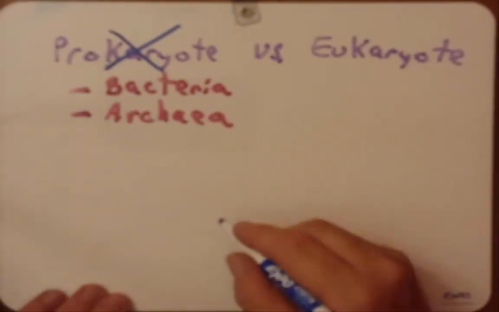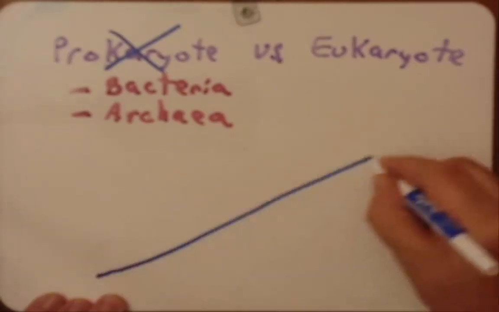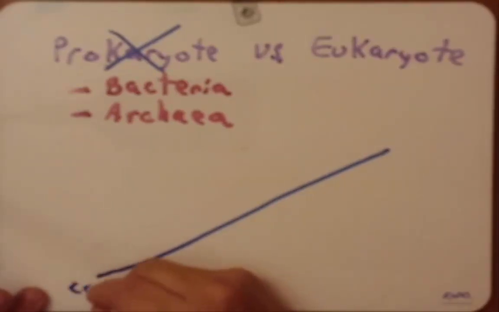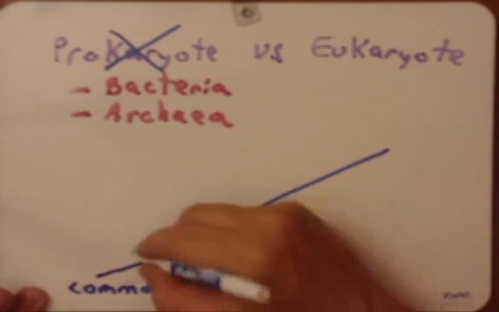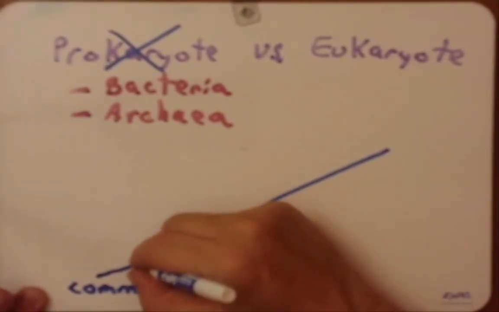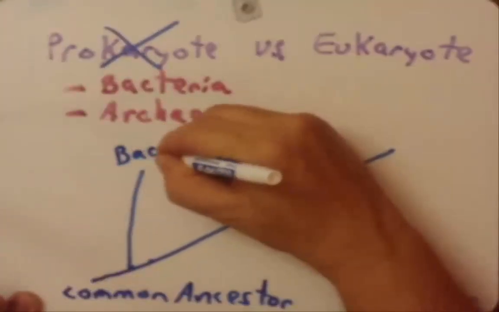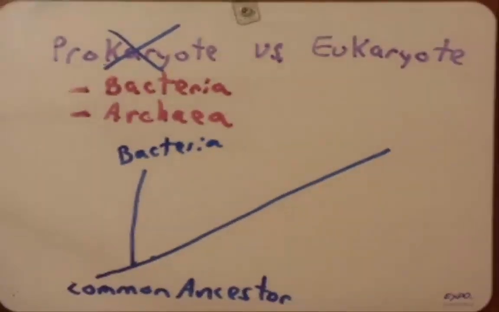I'm going to draw this in a different way, and this is a way we can represent how organisms diverge from each other. We know that at this point here in evolution, there was a common ancestor to all of life. We know that bacteria were the first to form.